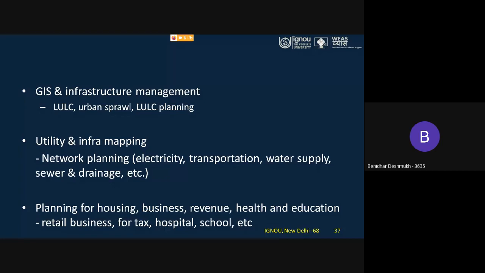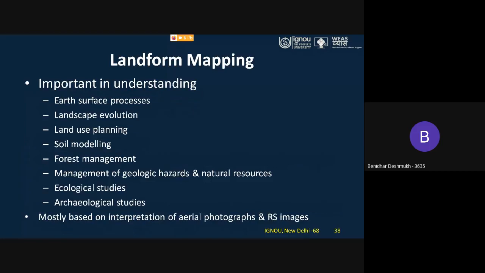Then, of course, there is also a requirement for planning for housing, business, revenue, health, and education, and in terms of retail business, and for tax, hospitals, schools, etc. So, a lot of things need to be considered while making a plan for urban areas or even for any other areas.